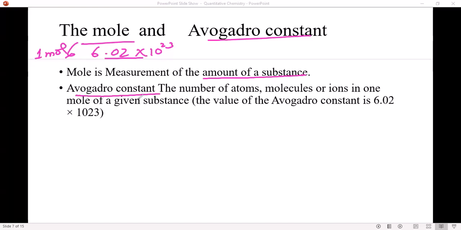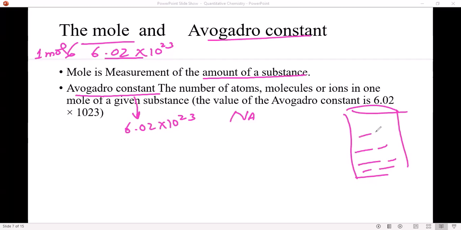And there is the Avogadro constant. This Avogadro constant is 6.02 times 10 raised to power 23, and we use a symbol to represent this. In many calculations, you will find it very helpful. For example, this is a glass of water and it has water molecules.